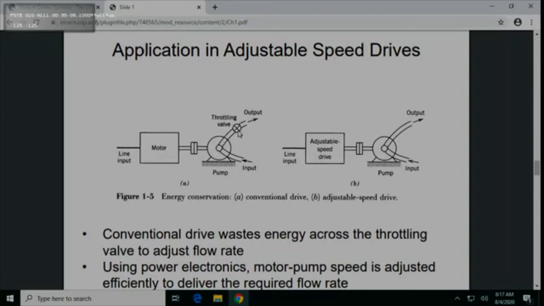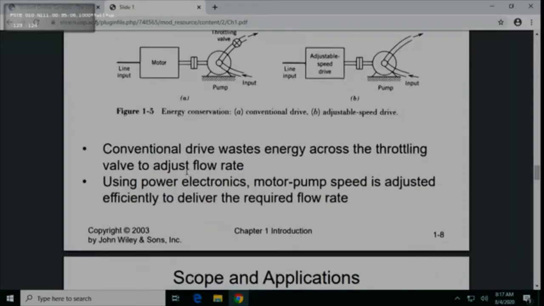To control the flow rate, previously we used throttling valves. Anyone knows what a throttling valve is? The name speaks for itself, right? Throttling. Throttle, you know, speed. Throttling valve was used. But in this case, a lot of energy was wasted. The motor was driven at one speed.